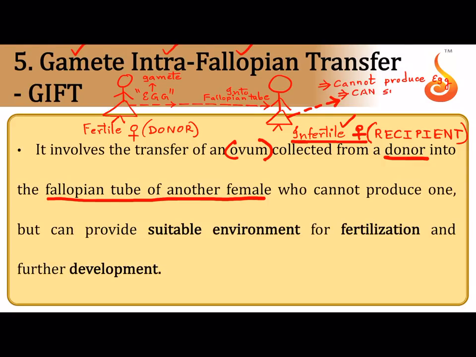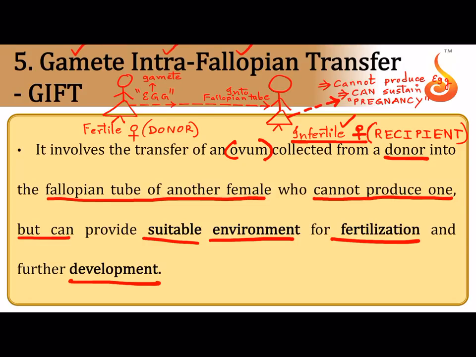She can sustain pregnancy. There's absolutely no problem in her becoming pregnant and becoming a mother. Only thing is, she cannot produce an egg. See, it is suitable. The recipient infertile woman cannot produce an egg, but she can provide a suitable environment for fertilization and development. That means her fallopian tube is normal, her uterus is normal. Only thing is, her ovary cannot produce an egg.